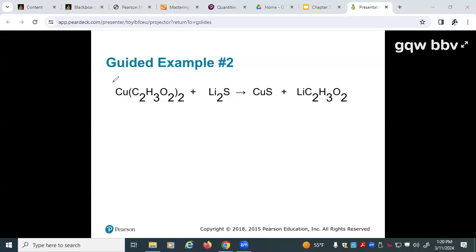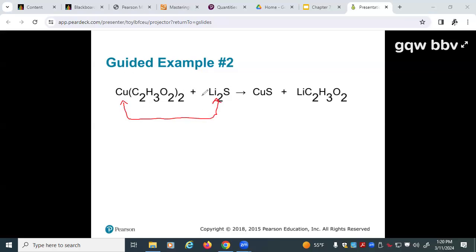If I only have one ionic compound on each side, that's single replacement. That's the difference between the single and the double. How many ionic compounds are on each side? Double has two, single has just the one. So I know that this is double replacement. The other thing I can look at, a characteristic sign of double replacement, is ion swapping.